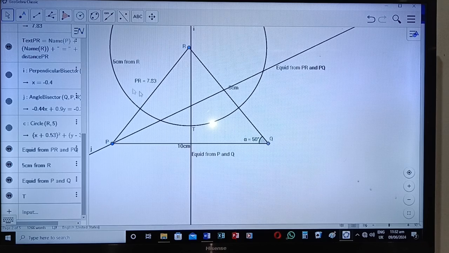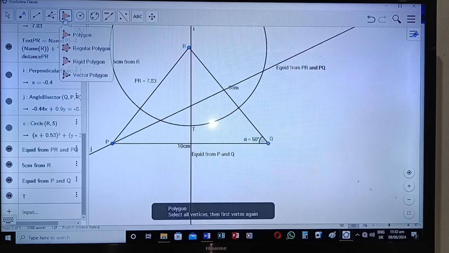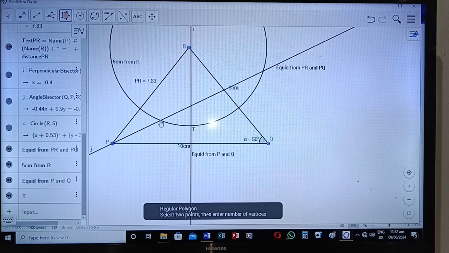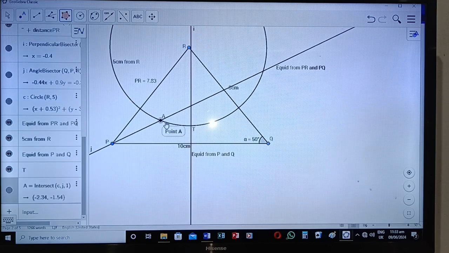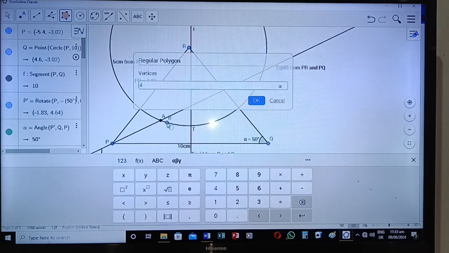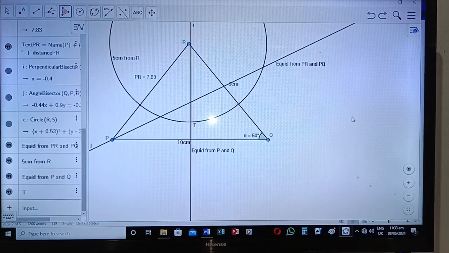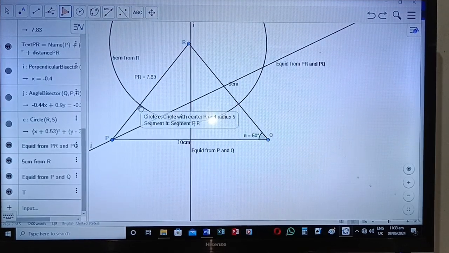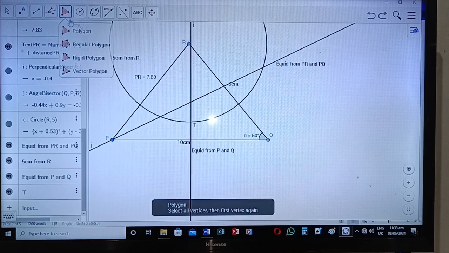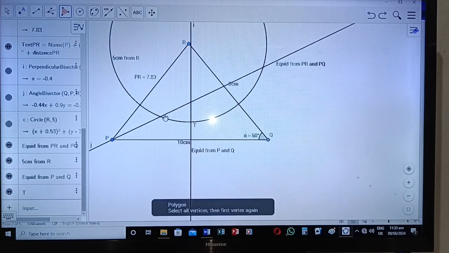Okay, so now we are told to shade this region. The way we shade, we come here and say polygon.